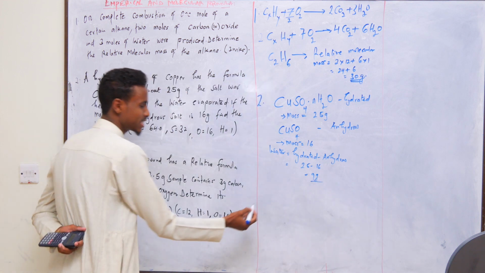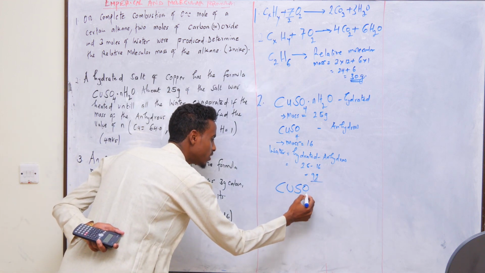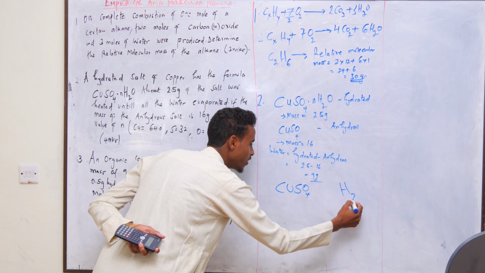From there, class, we write copper(II) sulfate here and water here.